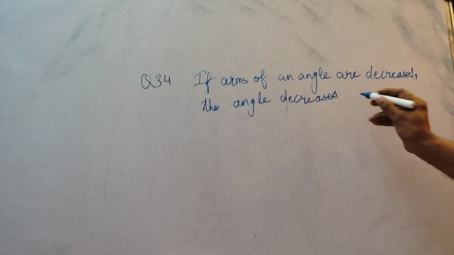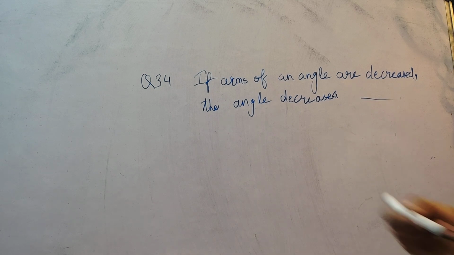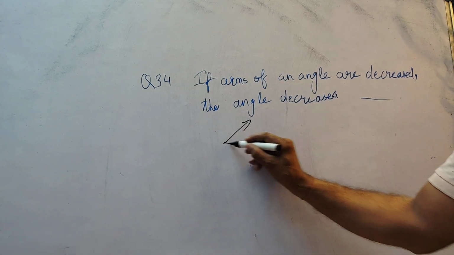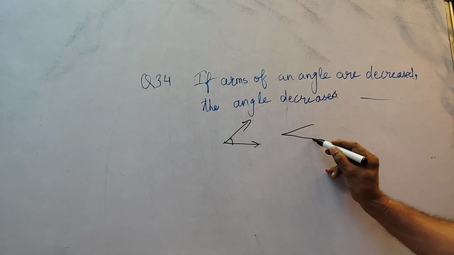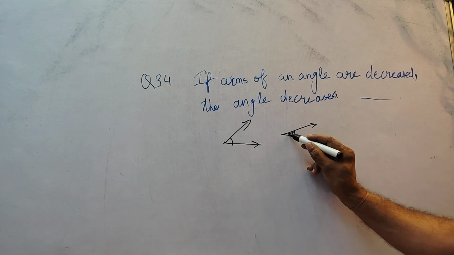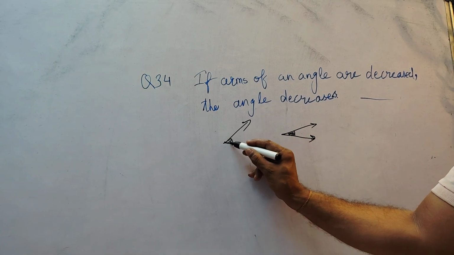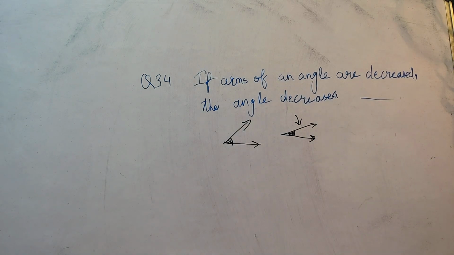Is it true or false? That's true. Yes, if we decrease the arms, the angle is in this way at this time. If we decrease the angle value by moving the arm, then the angle's value becomes smaller than the previous one. So that's why it is true.